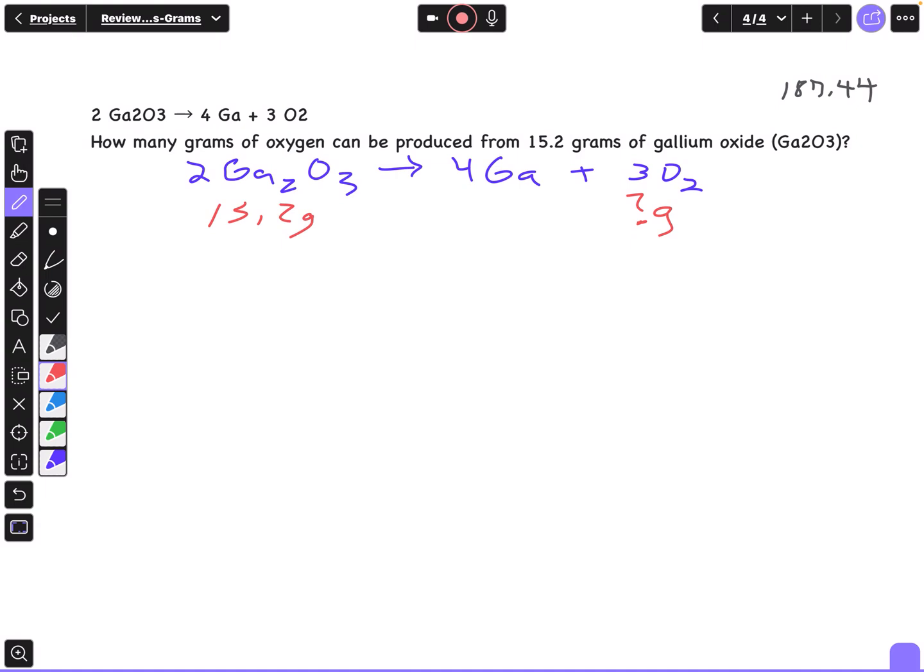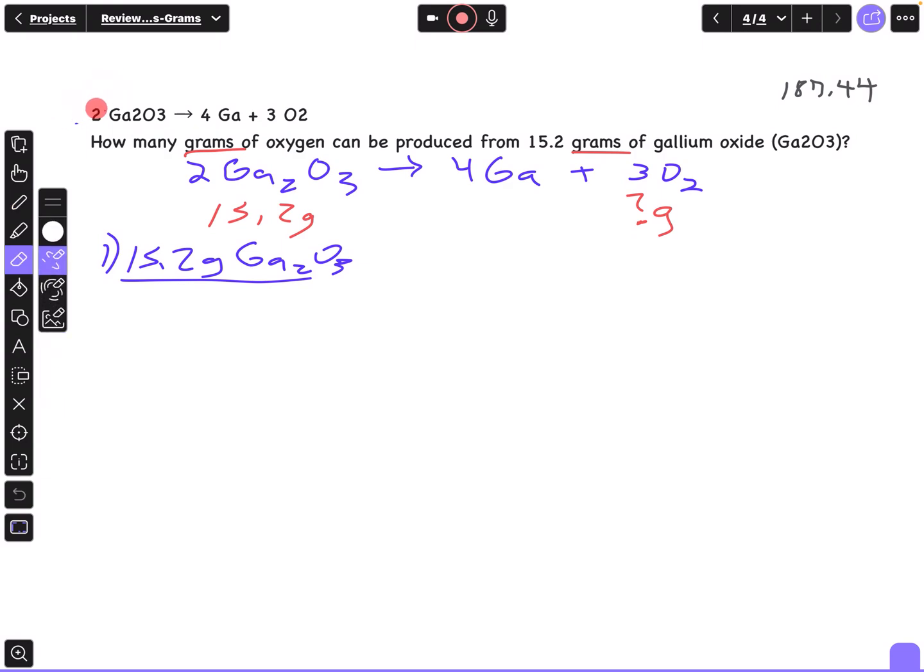Well, this is a 3-step problem. So my first step is to take the 15.2 grams of Ga2O3 that I'm starting with, divided by the molar mass of Ga2O3, which I've already calculated. You've got 2 galliums and 3 oxygens. Multiply by their atomic masses and add them up. Remember, I do not worry about this number here when I'm doing step 1. That's only used for step 3 when going from moles of Ga2O3 to moles of O2.